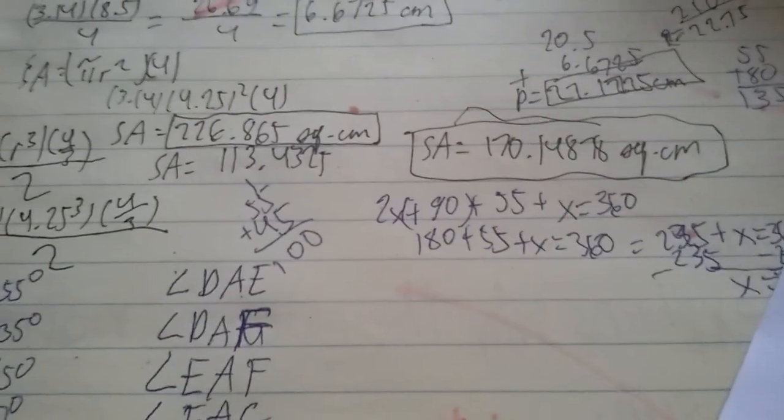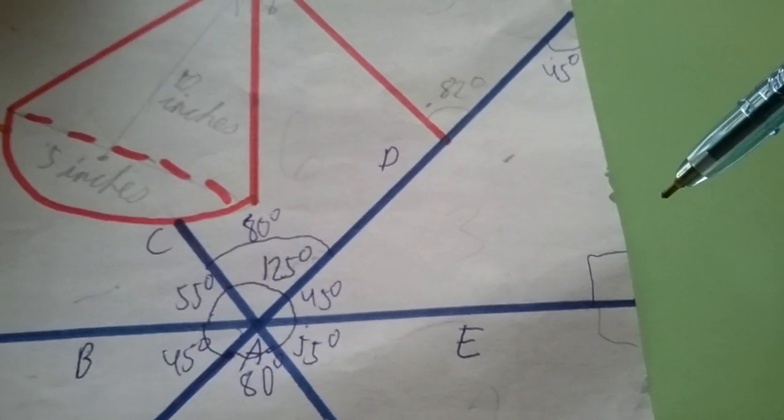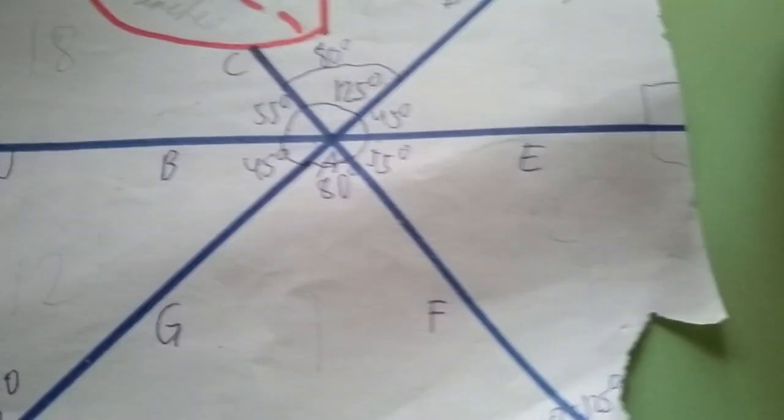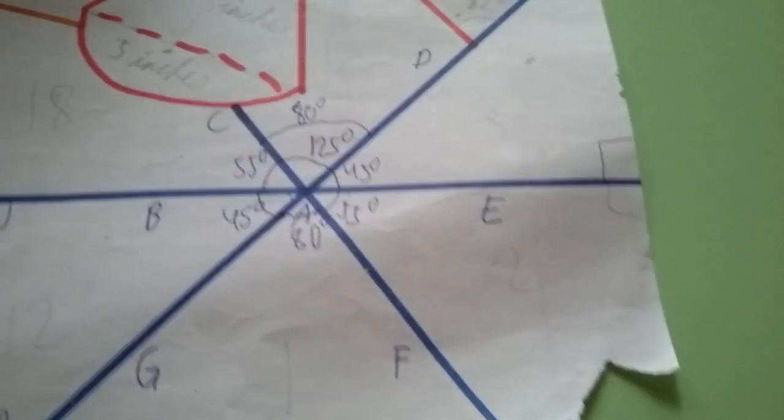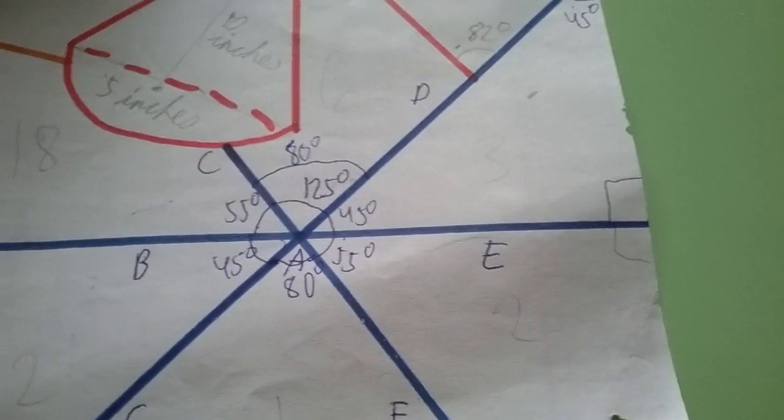Now, what about angle DAE? Nasaan na yun? Yan. Eh, di 45 degrees siya. Remember, I told you that already? Now, DAF. Just add up the 45 and the 55. You still get the same 100, right?